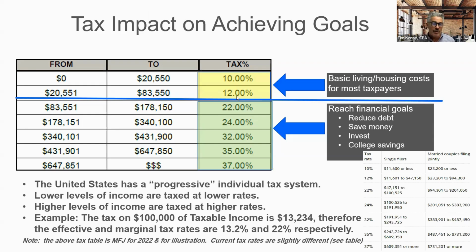So when you calculate what their actual federal tax is and compare that to their taxable income, their effective tax rate is 13.2%. And that's just something to keep in mind. It's good to know when you're thinking about whether you're paying too much or too little.